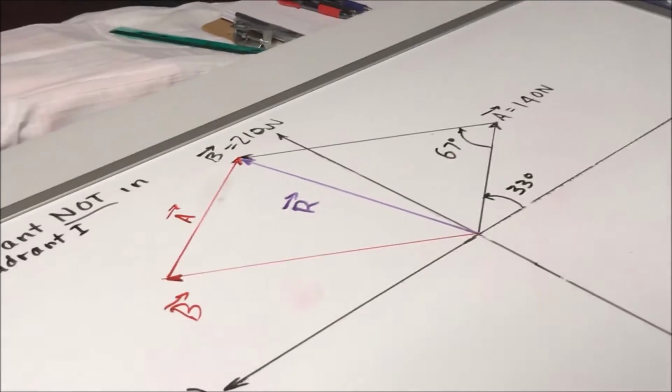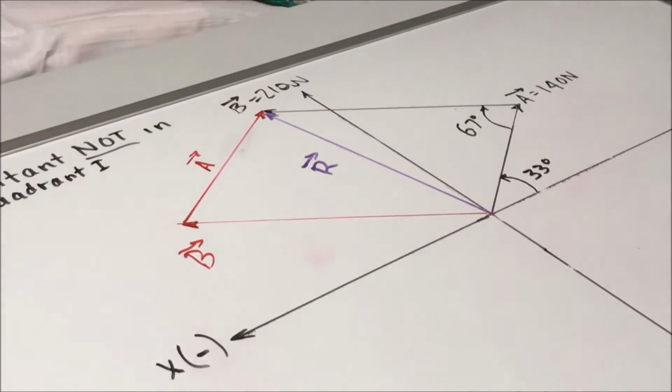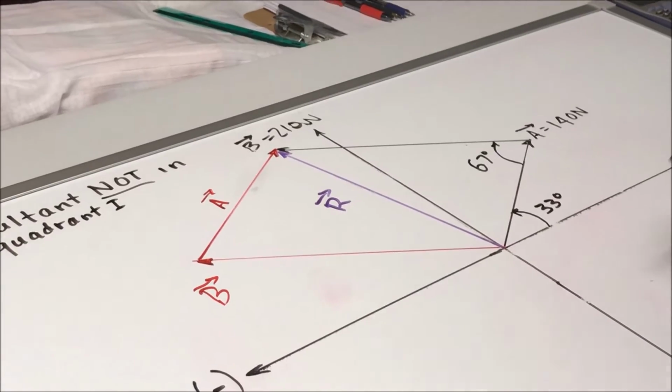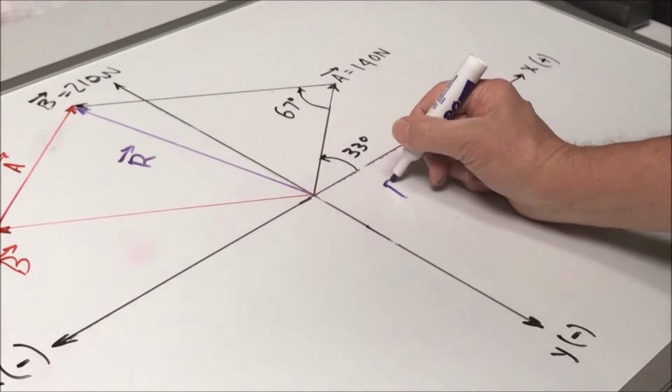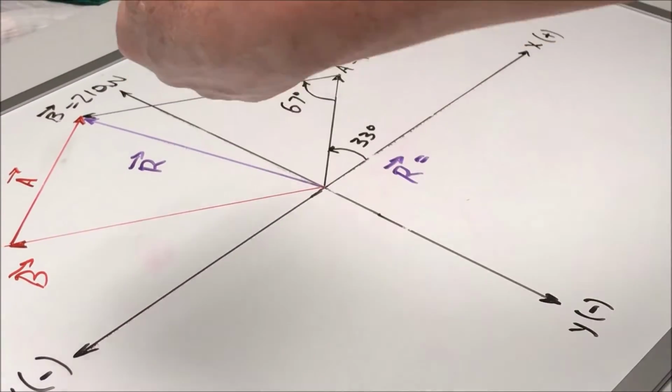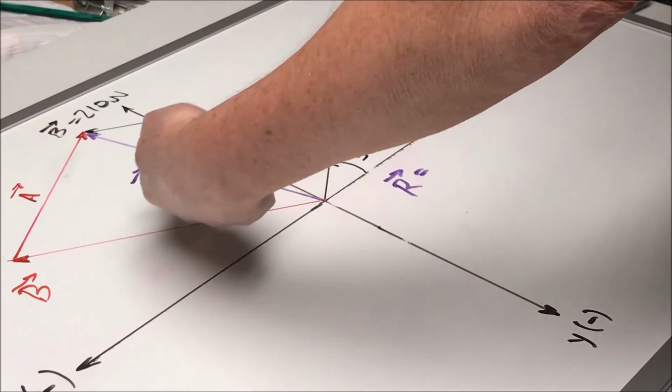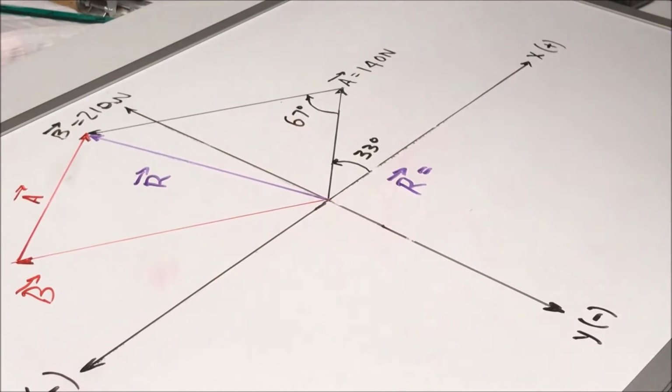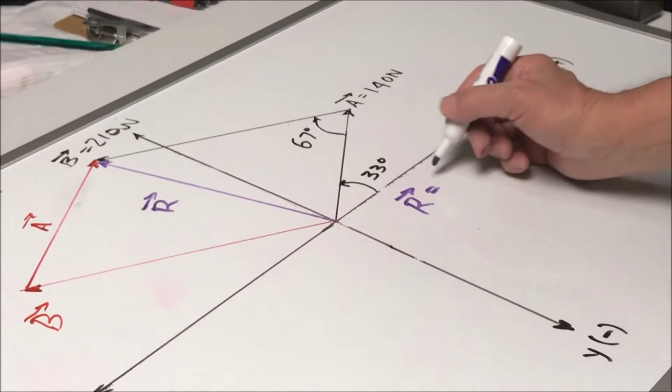So now, how do we go about solving this? Well, we can use the law of sines, or excuse me, the law of cosines to solve for r. Because we know that the angle opposite the resultant side in this triangle right here is 67 degrees.